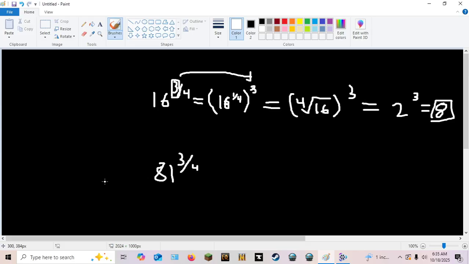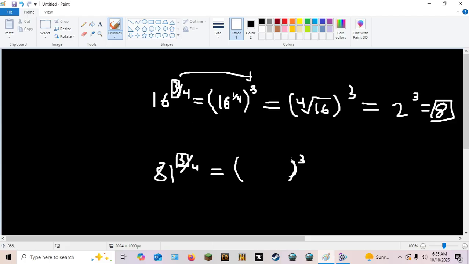So this actually equals the fourth root. You gotta put the numerator outside the parentheses, okay? And then 1/4. You don't have to write the exponent one over here.